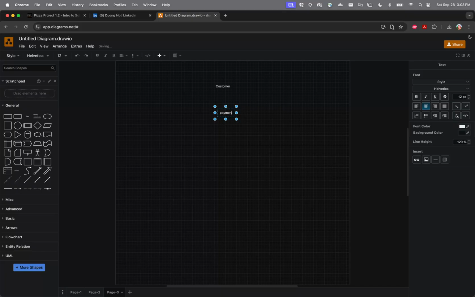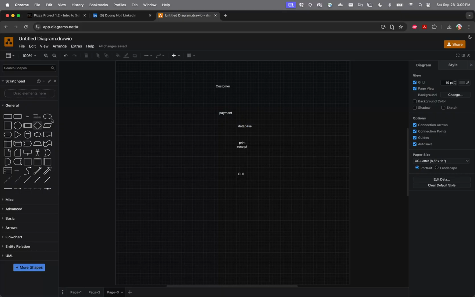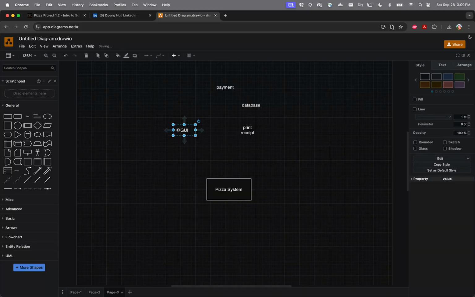See, entity relationship diagram. Now, first thing is just draw a box like this and say pizza system. Each of the requirement, or each of these things here, would be an entity.